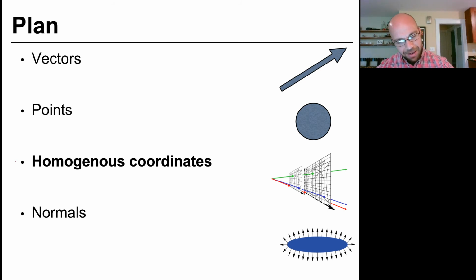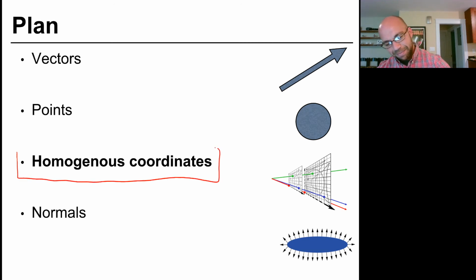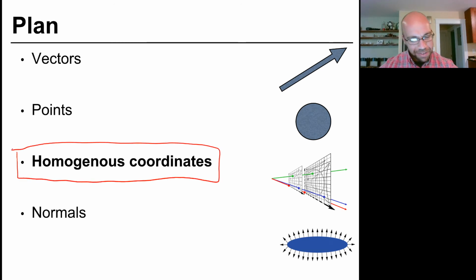And the term for adding a dummy dimension to my linear algebra to make math easier, the fancy term for that, is homogeneous coordinates. And homogeneous coordinates is essentially this practice of adding one additional object to the universe.